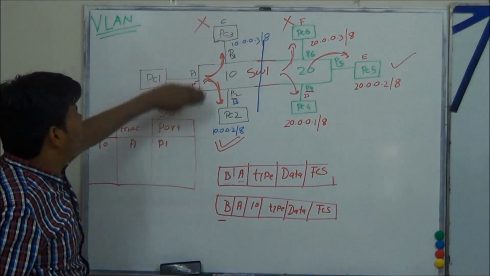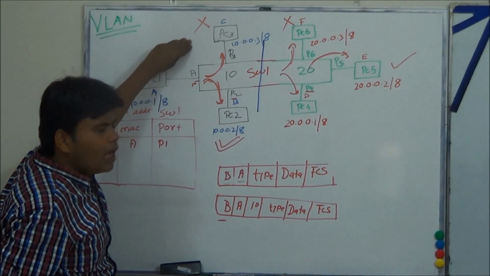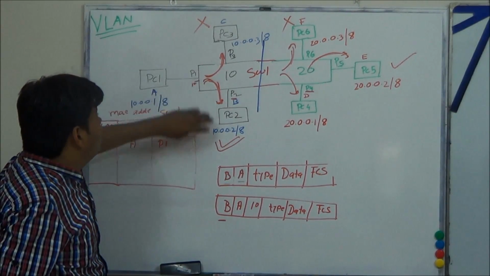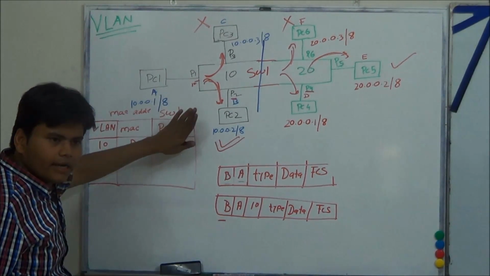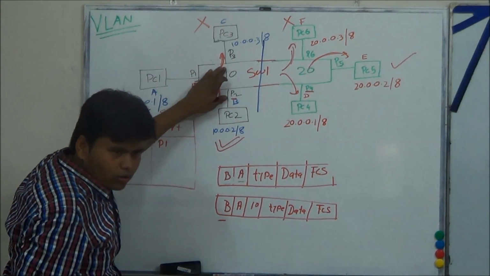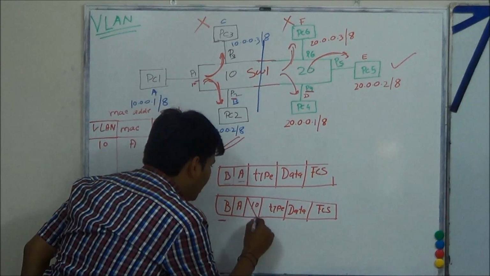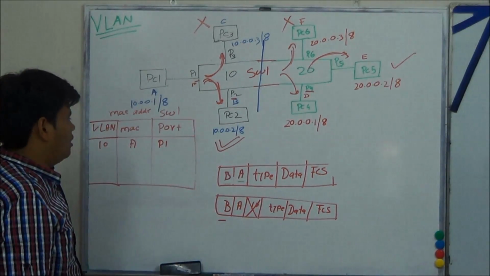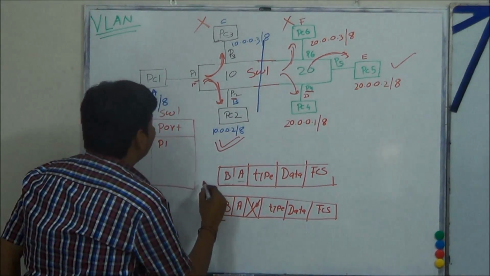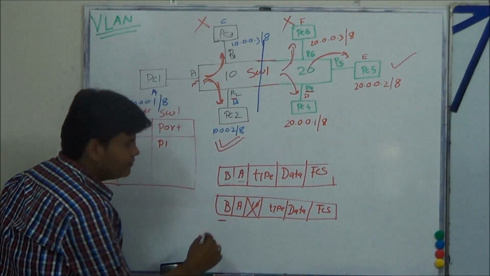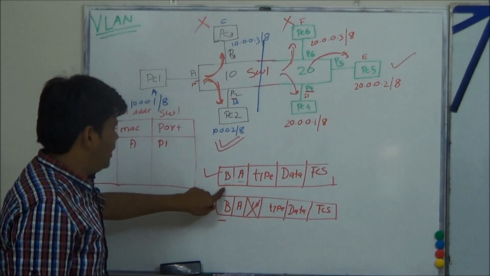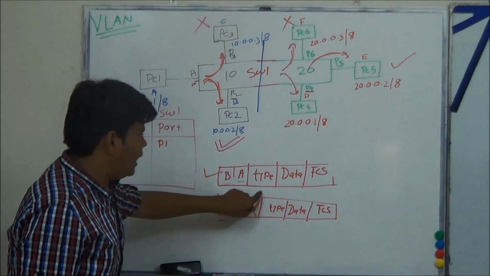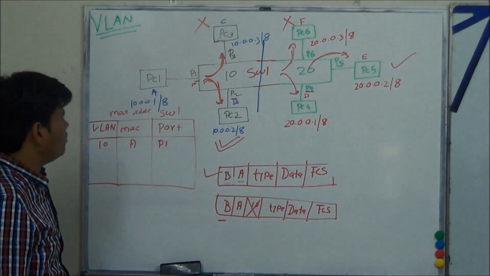But before the frame reaches PC3, it passes through port P3. The port P3 is an access port, so it will remove the VLAN tag. So the PC will receive that frame without the VLAN tag, only destination MAC, source MAC, type, data and FCS.